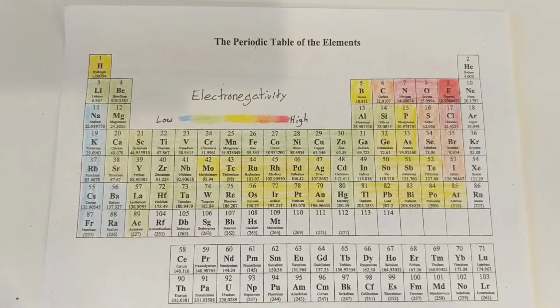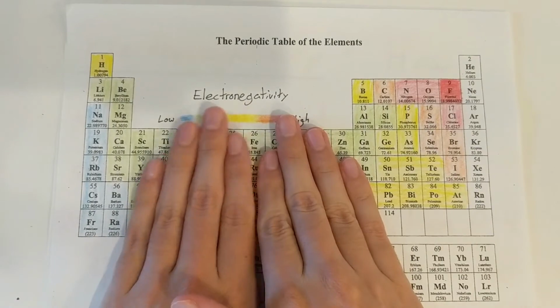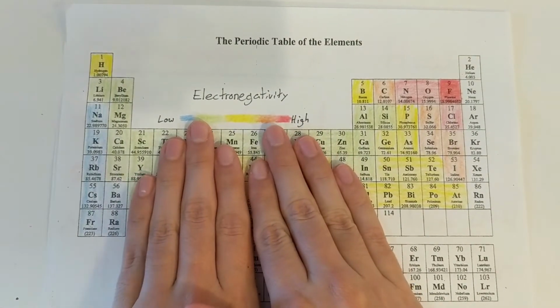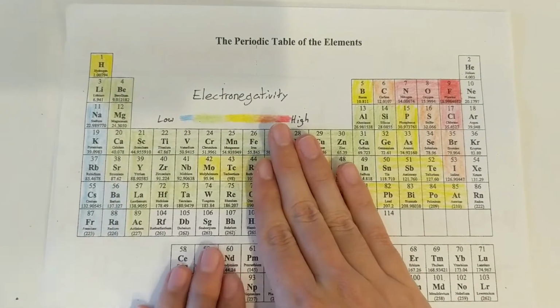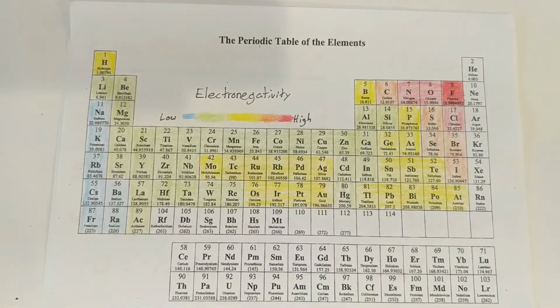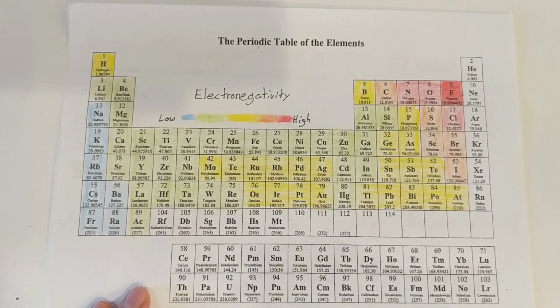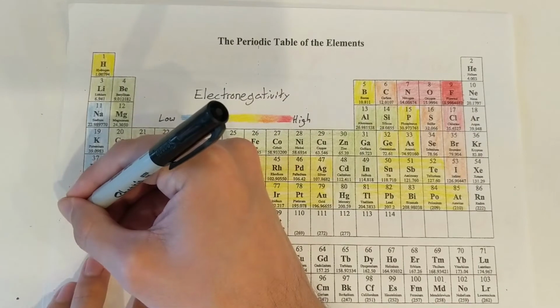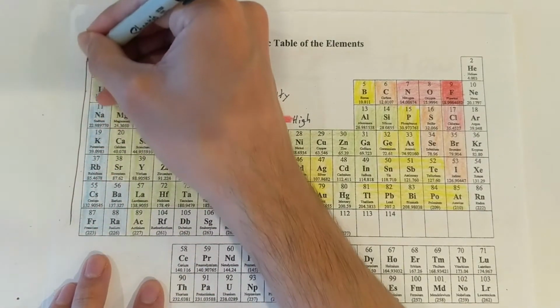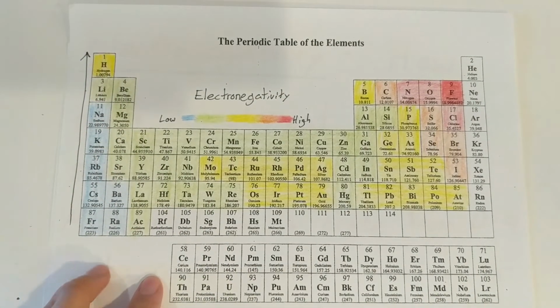And you can see there's a general trend as we look at the periodic table. Again, our transition elements don't always fit in as well as they could. But looking at our sides, you might notice that electronegativity increases as I go up the table.